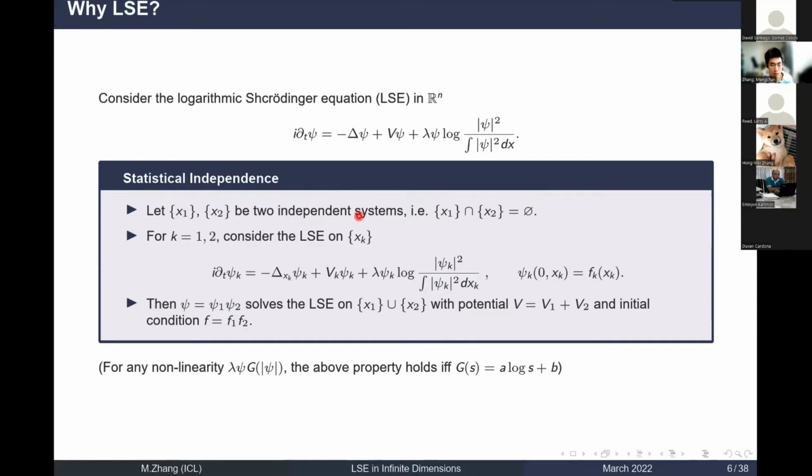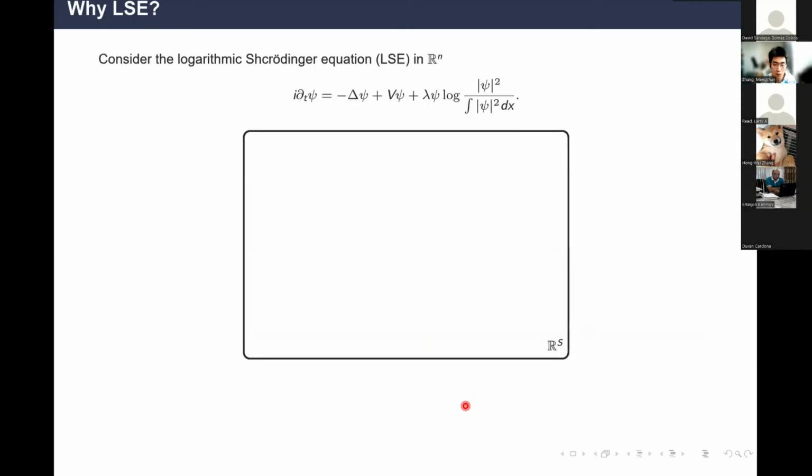this statistical independence property. Okay, now the question is, well, how can we use this property to extend from finite dimensions to infinite dimensions? Well, it's not hard, because let's think of a simple example. Suppose this black box is the whole space, the infinite dimensional space R^S.